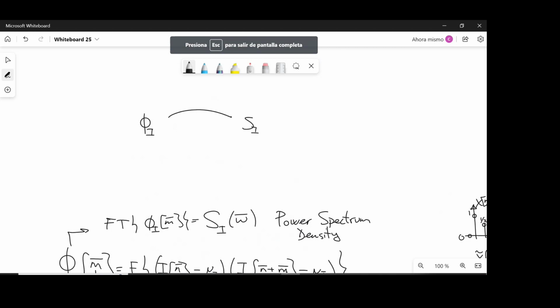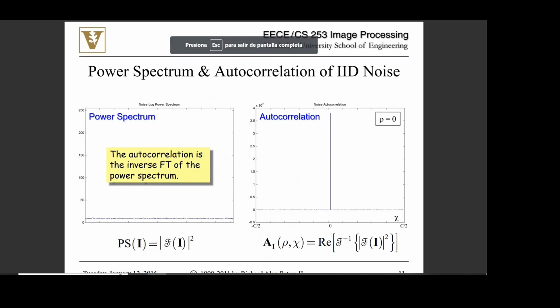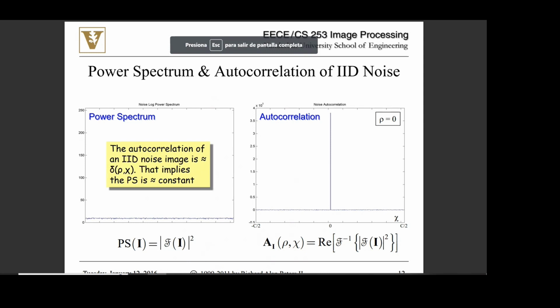If you want to go in one direction, you have to do Fourier transform. If you want to go in this direction, you have to do inverse Fourier transform. So it depends on in which direction you're going. So here, starting with the power spectrum, you have to do the inverse Fourier transform to get the autocorrelation. And this real part is just a numerical trick. It should be real.